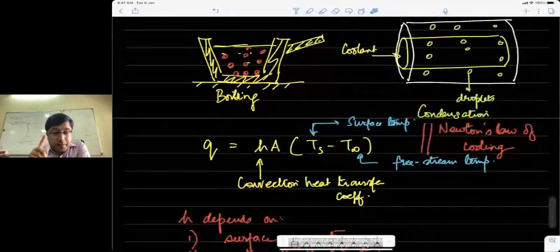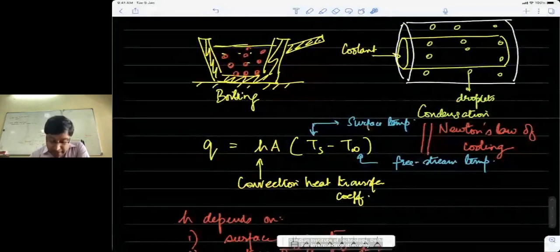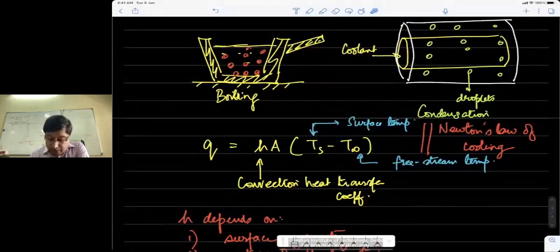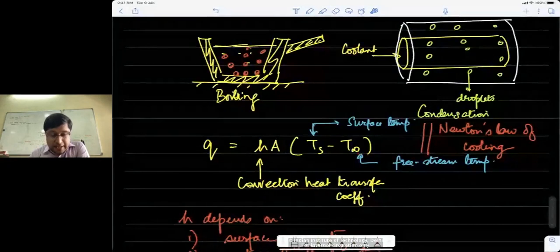By the way, let me also say one more thing about this equation, which I forgot. As I was saying, this equation is written in a way to explain that the heat transfer is actually taking place from the hotter surface to the cooler fluid. So the direction of heat transfer in this case is from the solid to the fluid.